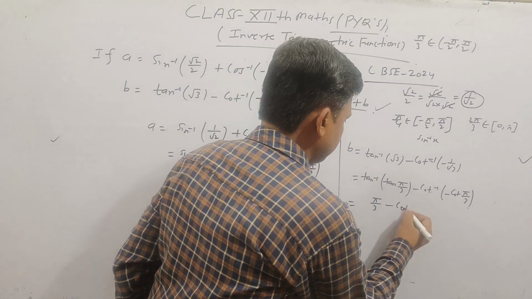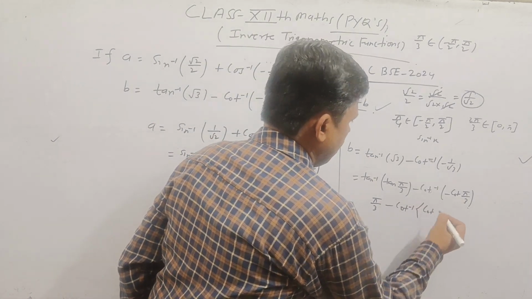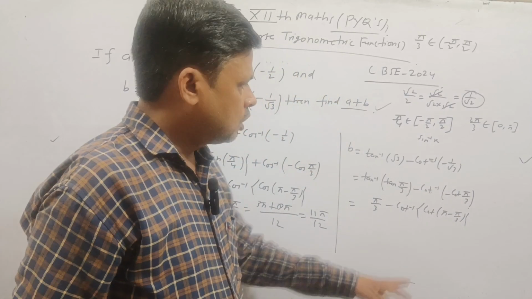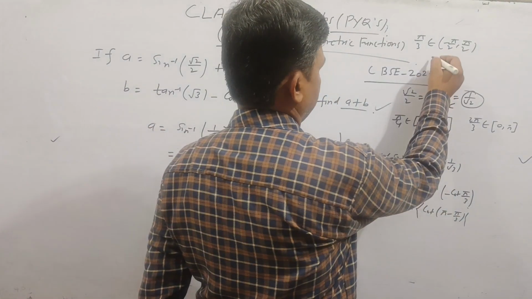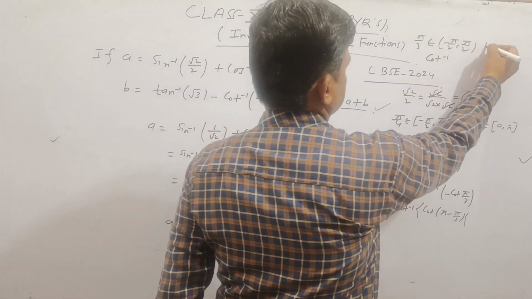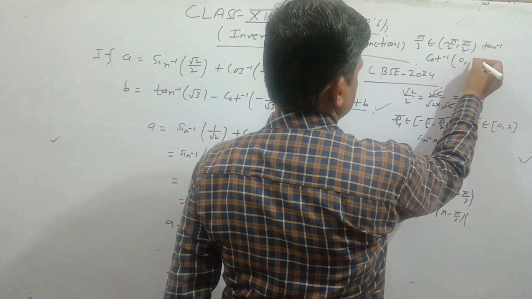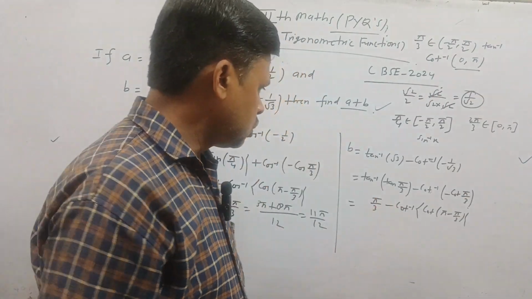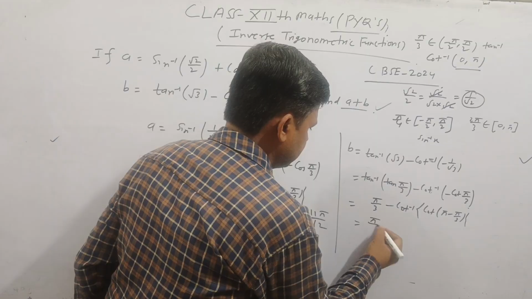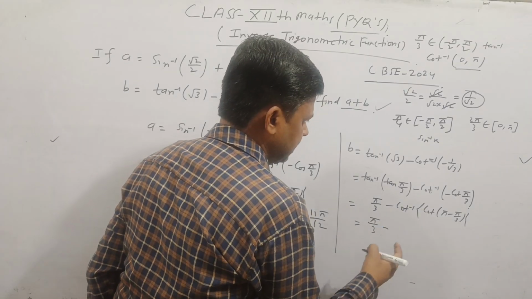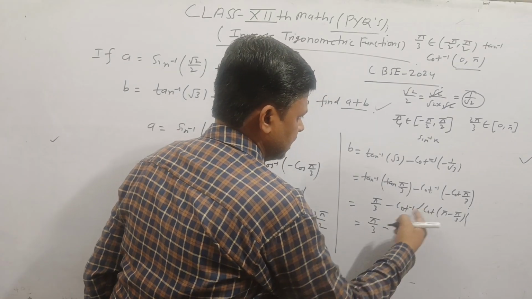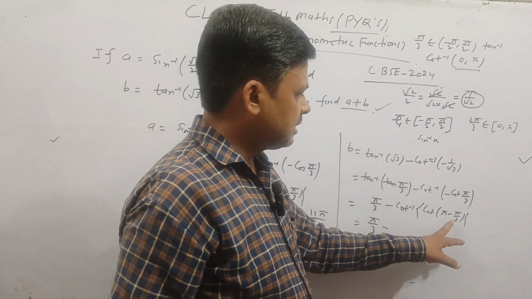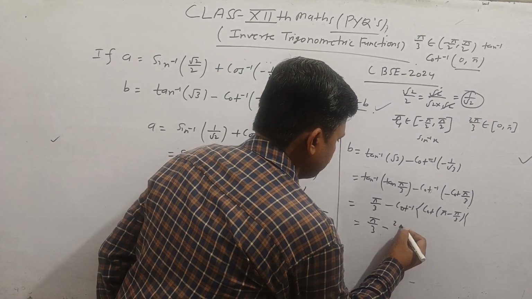We can write cot inverse of cot of pi minus pi by 3, because in the second quadrant cot is negative. The principal value range of the cot inverse function is the open interval from 0 to pi. So we can write pi by 3 minus cot inverse cot, that is, both are inverse functions, so it will be pi minus pi by 3, which is 2 pi by 3.